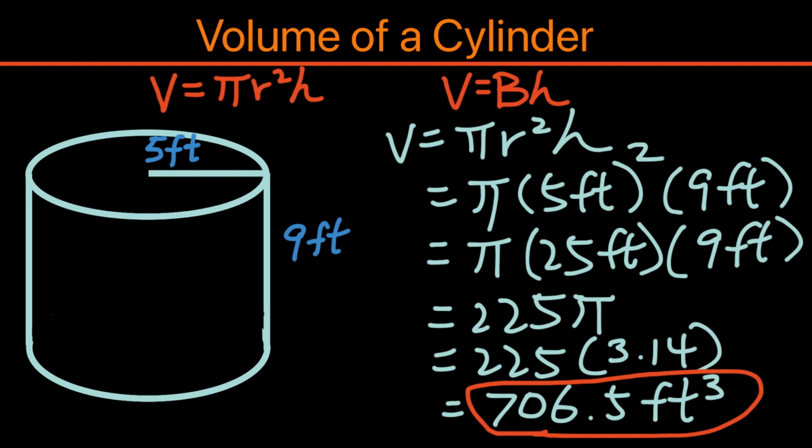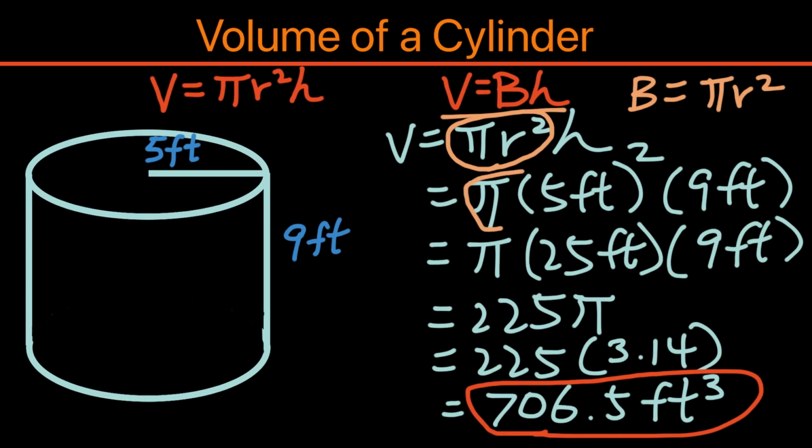Now, if you're thinking about using the second formula, applying base by height, the base is this portion of the formula. So base equals pi r squared. So essentially, this part is the base, and this part is the height.